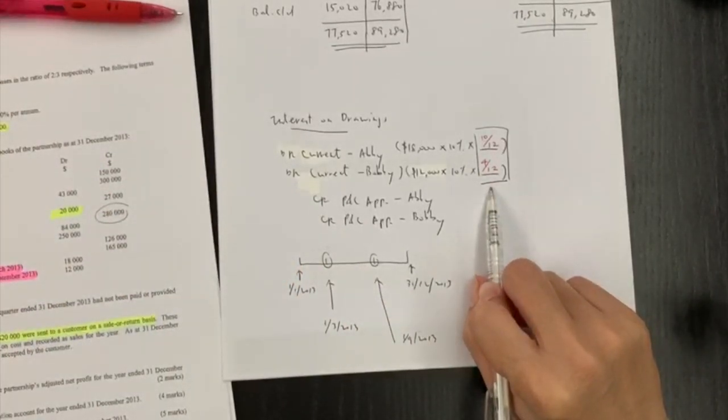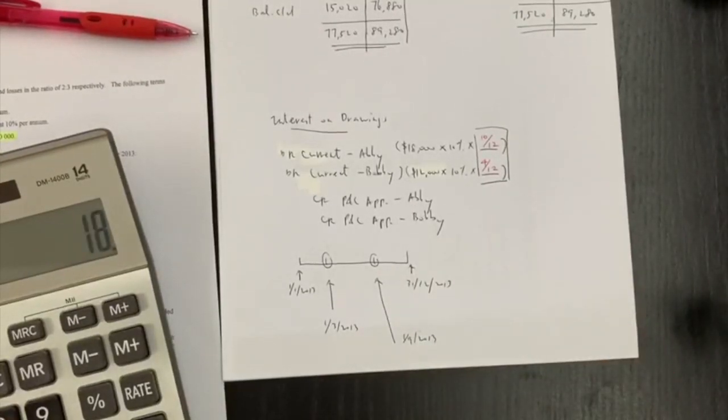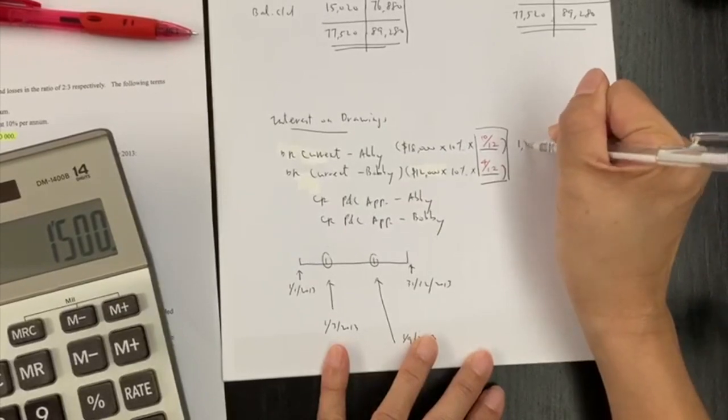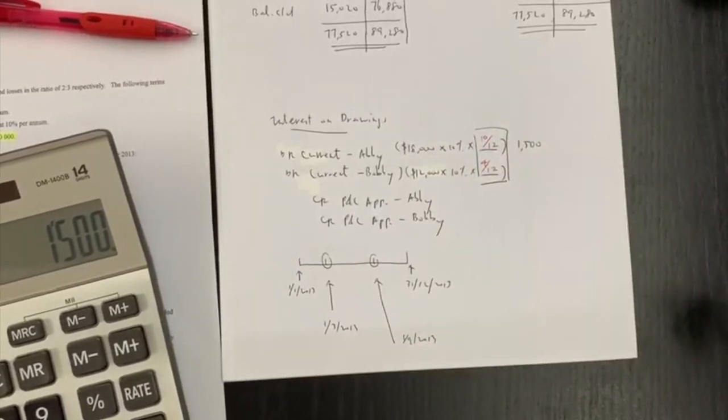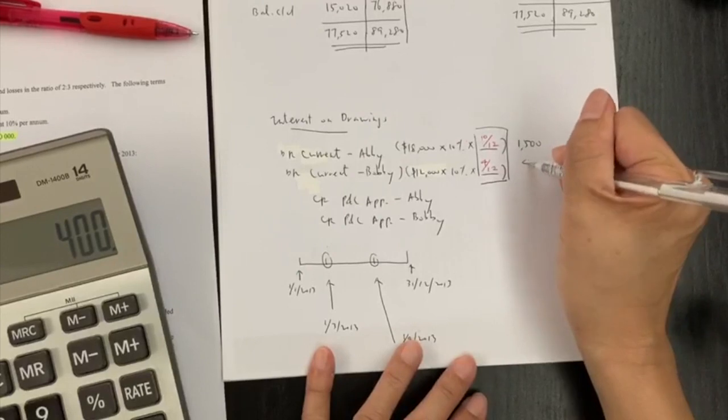Now I use the calculator to work out how much that is. So 18,000 times 0.1 times 10 months over 12, so that is 1,500. And then for Bobby, 12,000 times 0.1 times 4 divided by 12, which is 400.